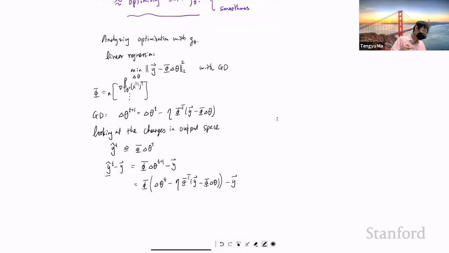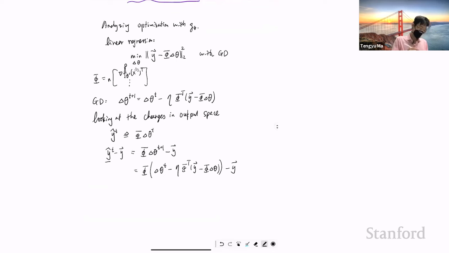Now this requires some rearrangement to make it look cleaner. How do I rearrange this? I'm going to first group everything about delta theta. You group this term and the term related to this, which is also delta theta t.